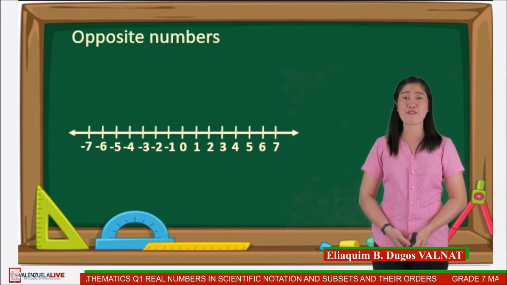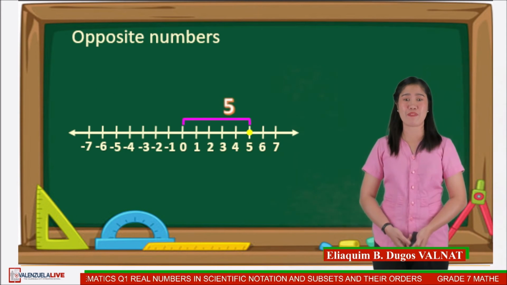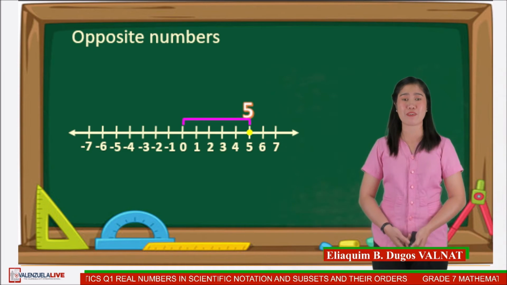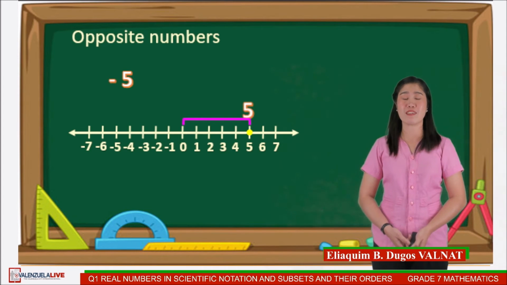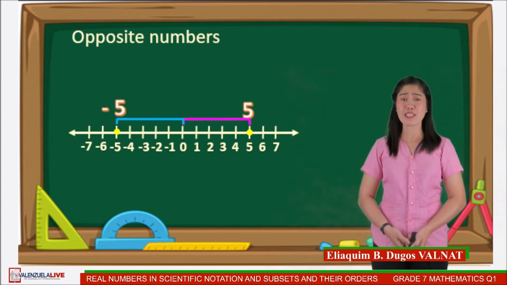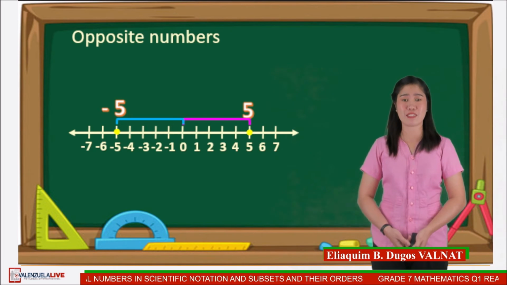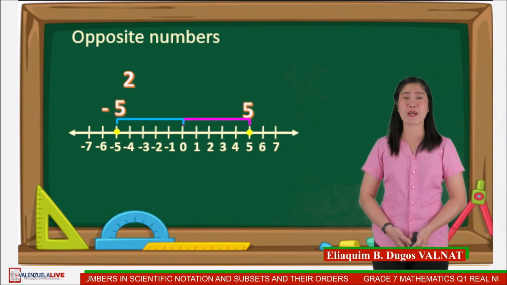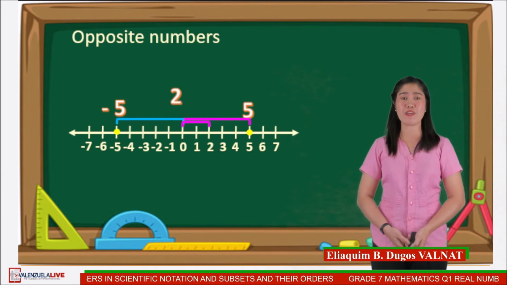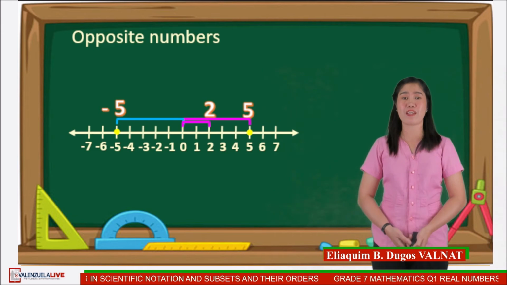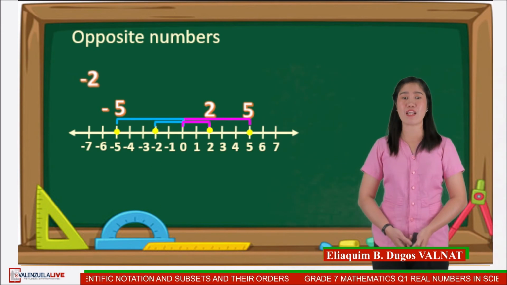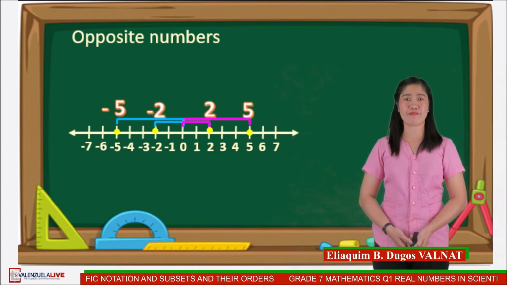Example: if the given number is 5, that is 5 units to the right of 0, then the opposite is negative 5. That is 5 units to the left of 0. If the number is positive 2, that is 2 units to the right of 0, the opposite is negative 2. That is 2 units to the left of 0.